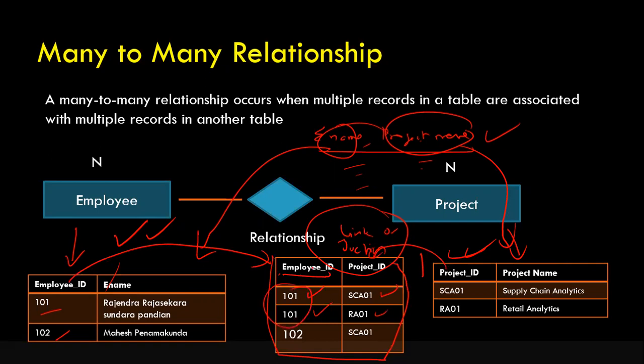In the employee table, employee ID is the primary key, but in this table, employee ID is the foreign key, because the key is coming from outside of this table. Similarly, project ID is the foreign key here, because it is coming from outside, and in the project table, project ID is the primary key.